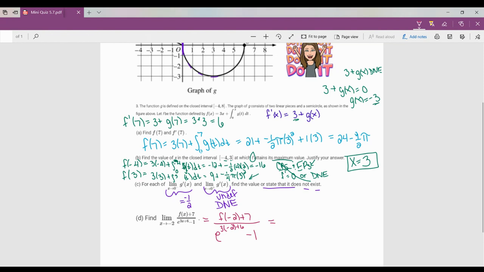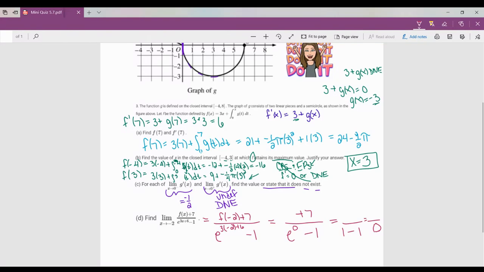That's f of -2 plus 7 over e to the -6 plus 6, which is 0, minus 1. Anything raised to the 0 power is 1, so that's going to be 1 minus 1. Uh-oh. I'm getting a 0 on the bottom. You getting all those feels right now?